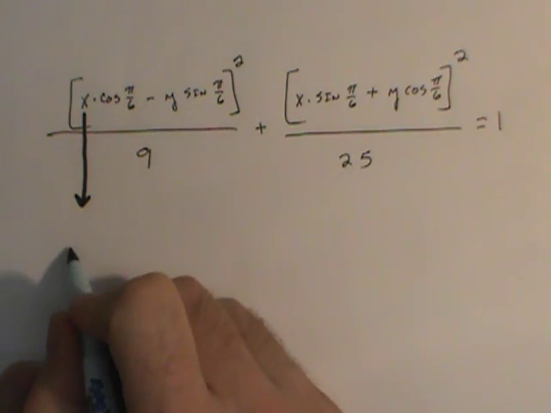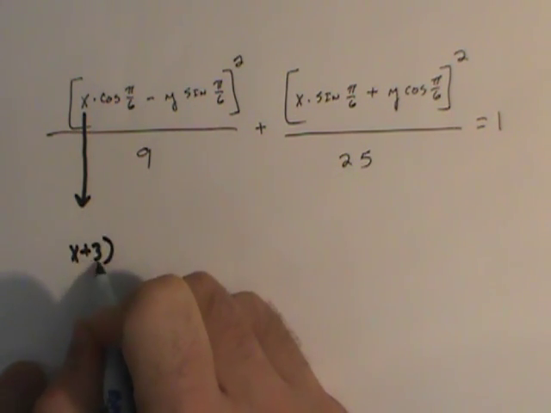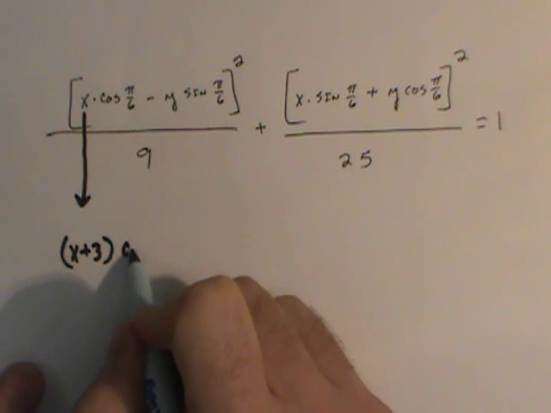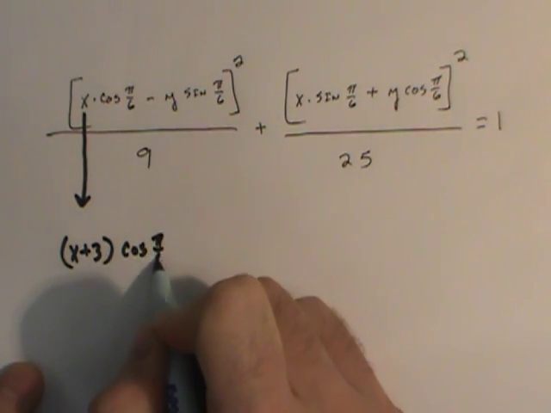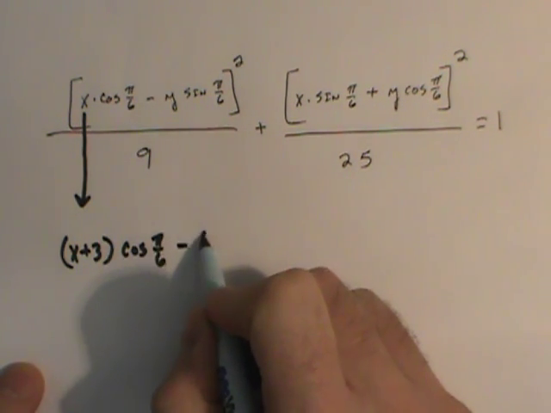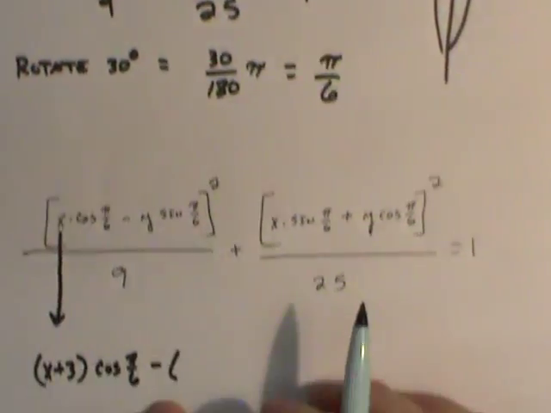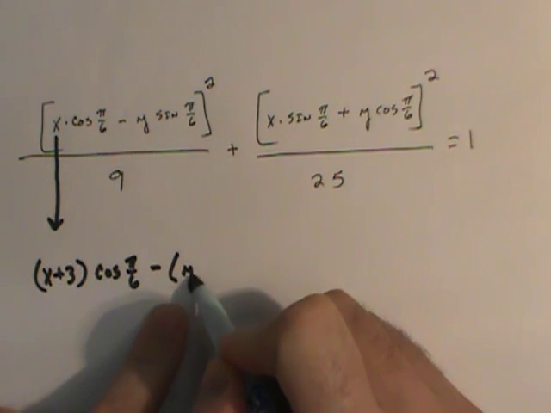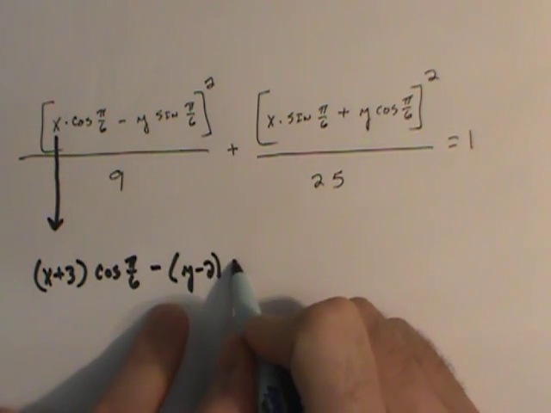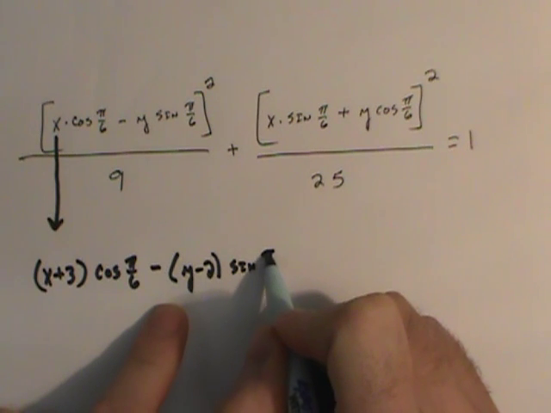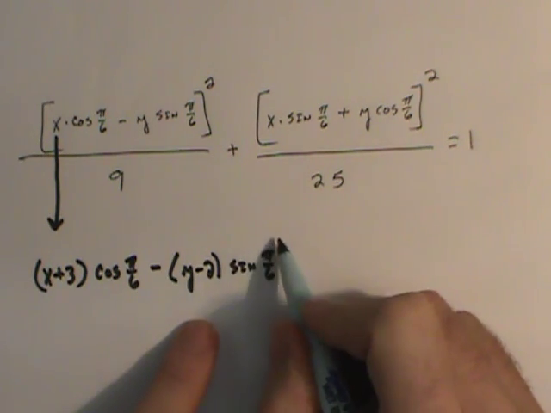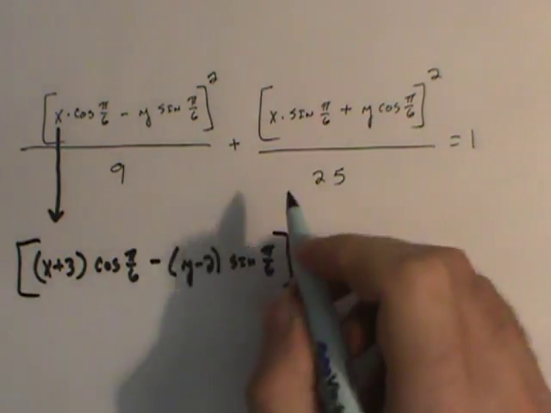So this becomes (x plus 3) times cosine pi over 6 minus, where the y is, the y has to be replaced with a y minus 2, (y minus 2) times sine pi over 6. Parentheses around that, brackets around that.